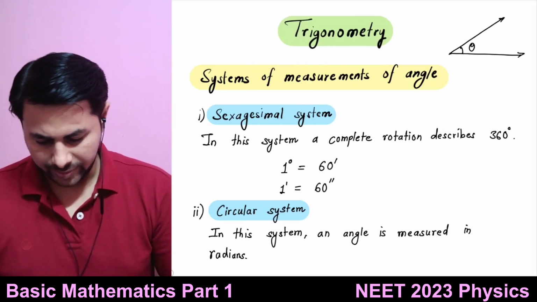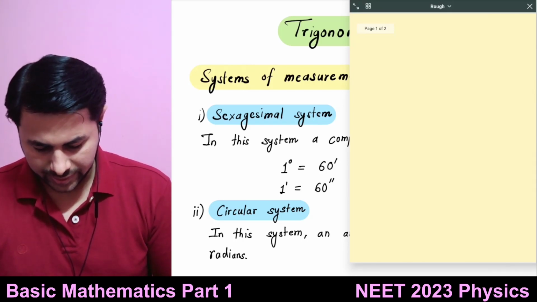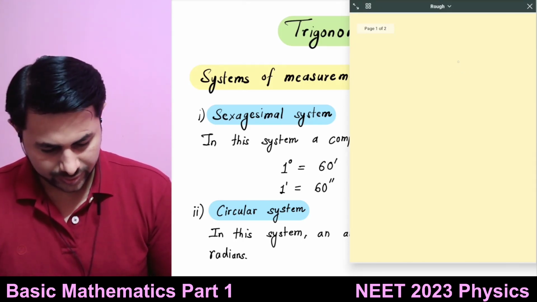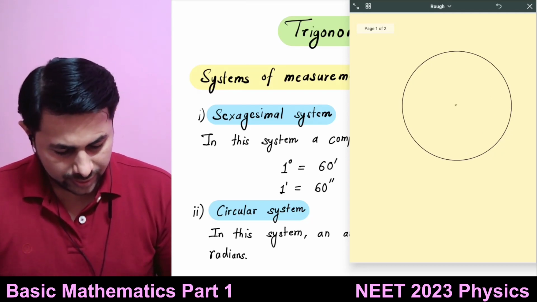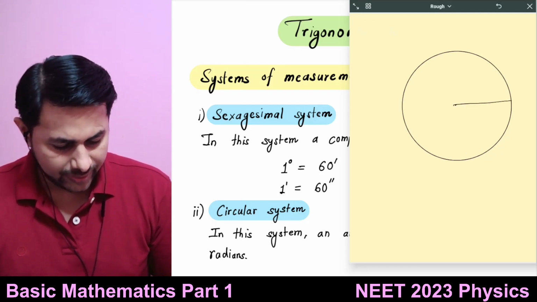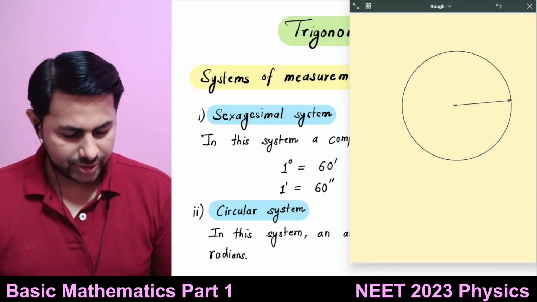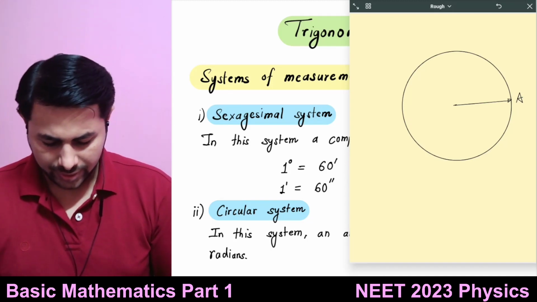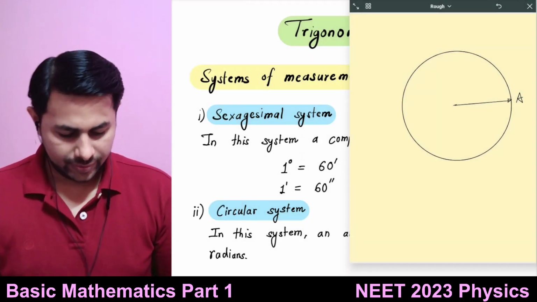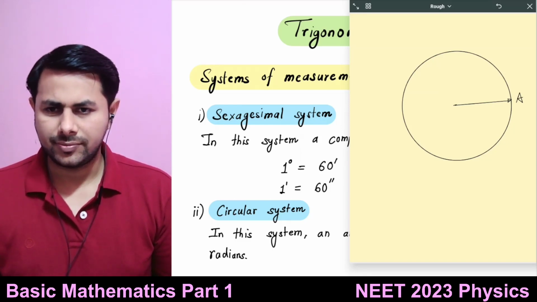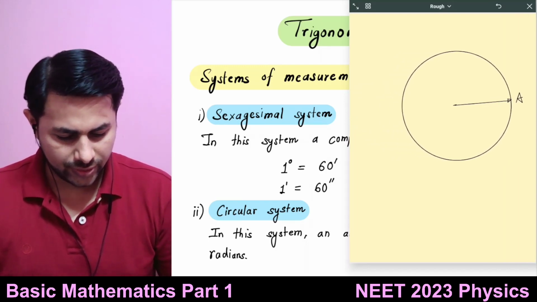So here, let me add a page. All right, let's say we have this circle over here, and we start from this point inside the circle. Let's call it A. Now this radius is rotated. You can see this, no? It's not going out of the screen, no?